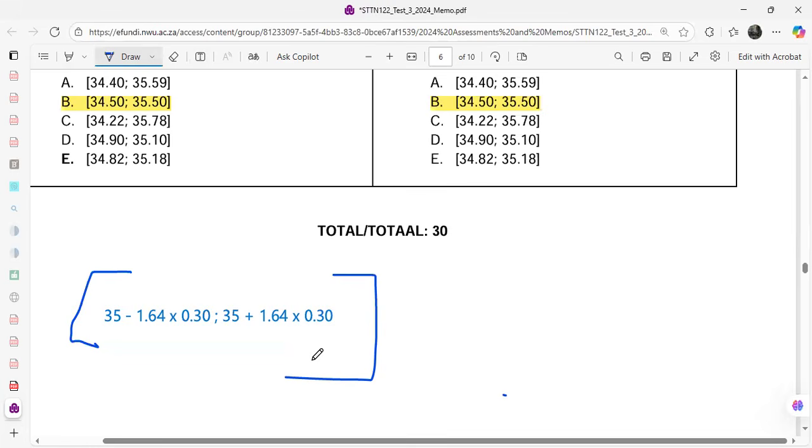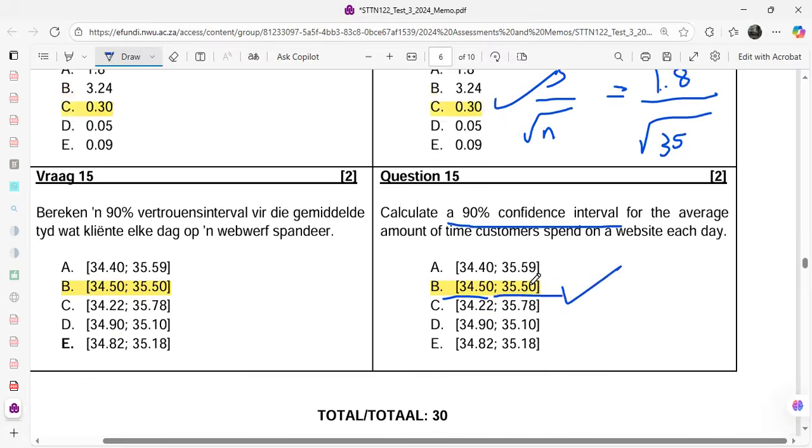The answer is 34.50. Now since you still have the data on your calculator, you delete that minus and put the plus sign there, and you get 35.492. You round it to two decimal places, and you will get 35.50.